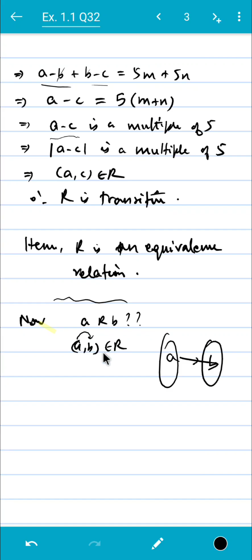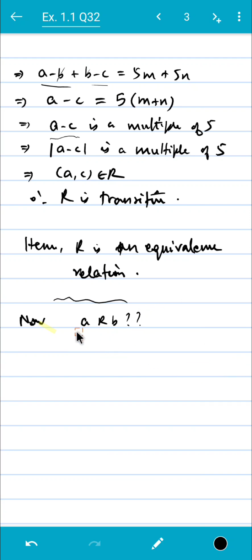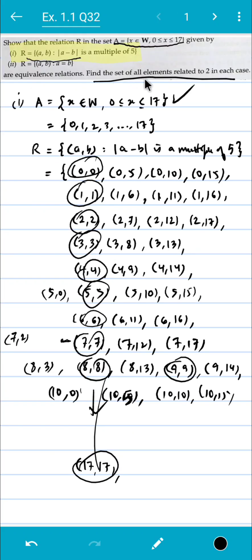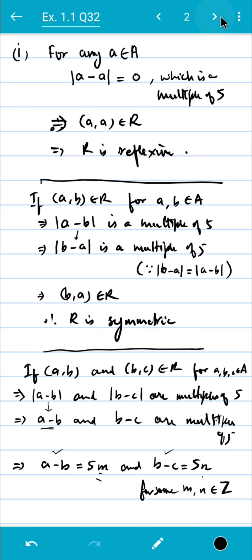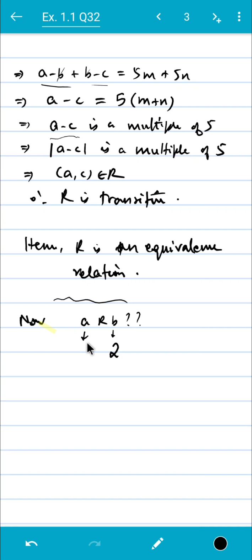A will be related to B if A minus B is a multiple of 5. We're given that B is 2, because it says the set of all elements related to 2. So if B is 2, what are those A's that relate to 2?